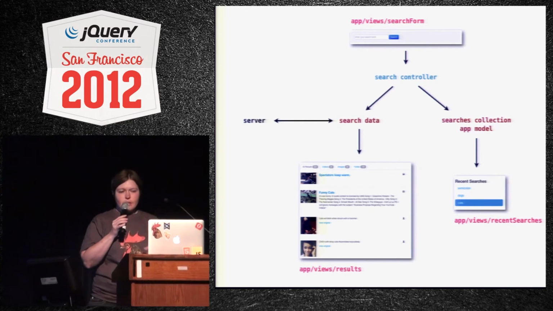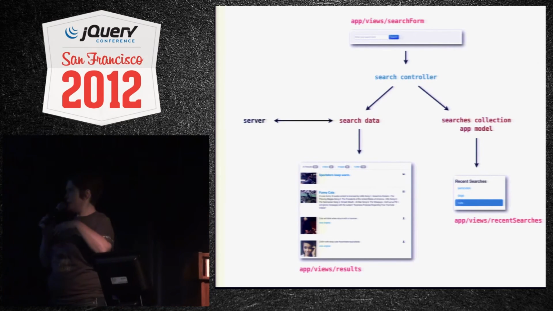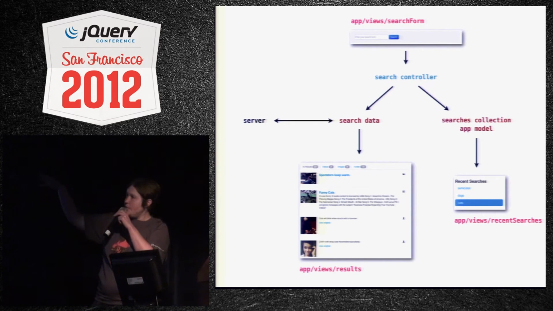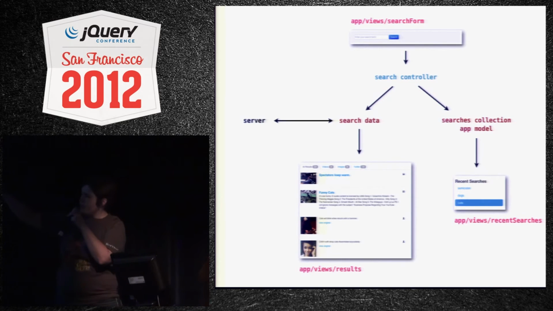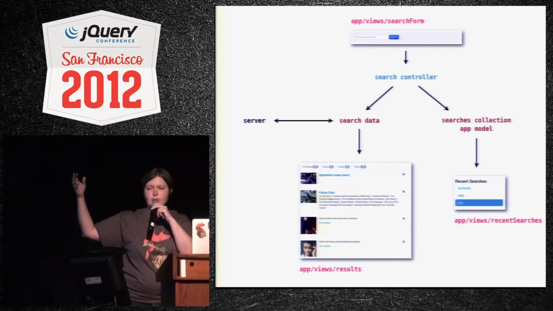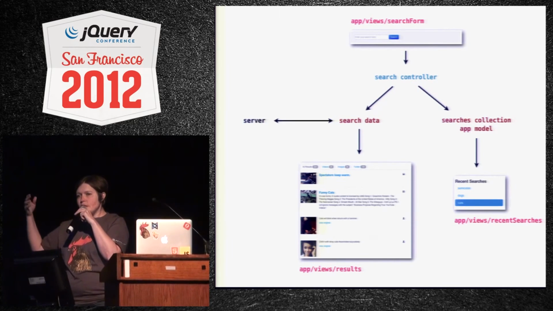And then when the search results collection goes off to the server, gets its data, and that comes back, the search results view is waiting for the search results collection to announce it has new data.